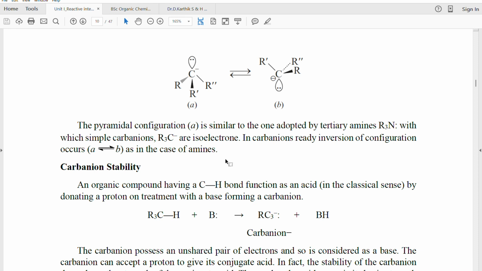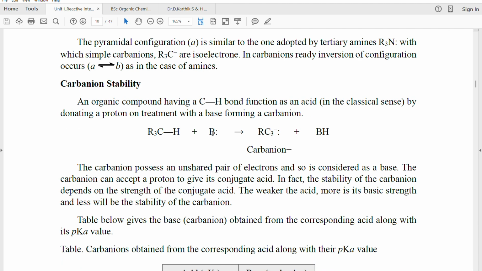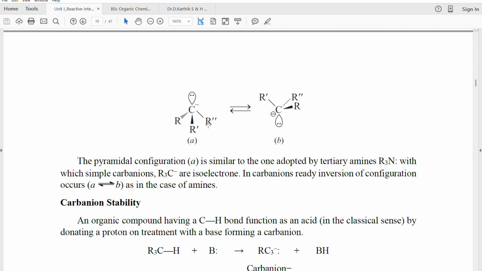So you have an electron rich center, the C minus, which has 2 electrons. So when there is an electron withdrawing group present near the carbanion, what will happen? The groups present near the electron rich center try to pull the electron density of the carbanion, right?